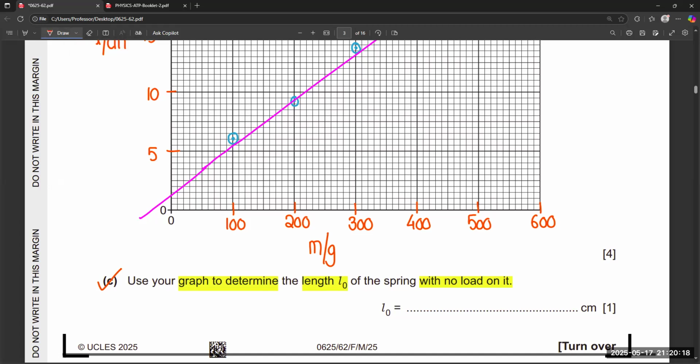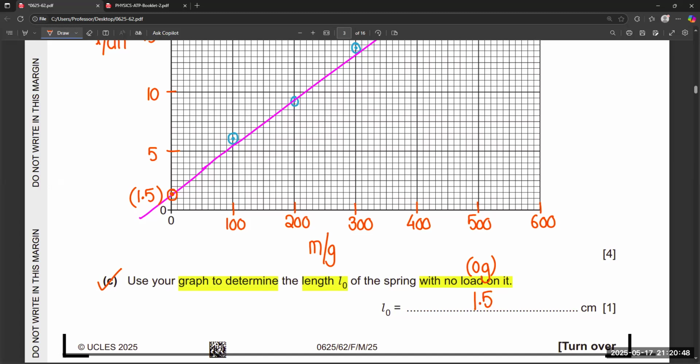No load means 0 grams. So this is 0 and this is the point. So this is 1, 1.5, because after two boxes we have one value. So after three boxes, we have 1.5, 1.5 centimeter.